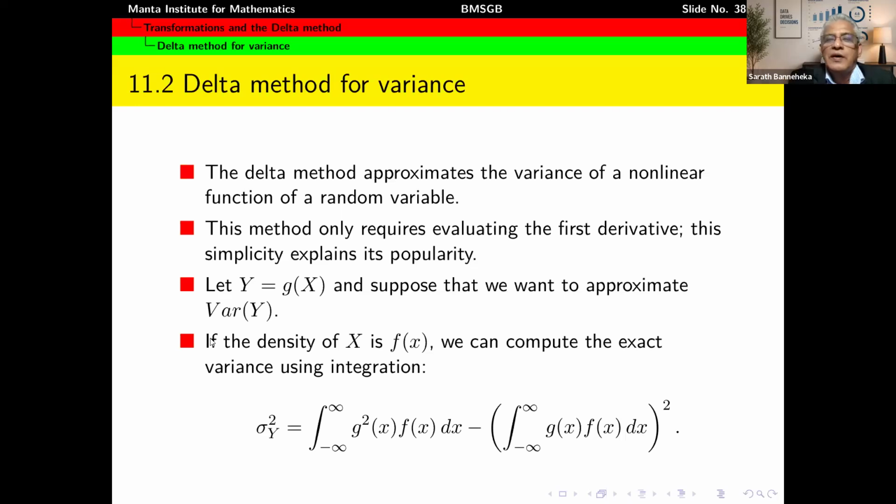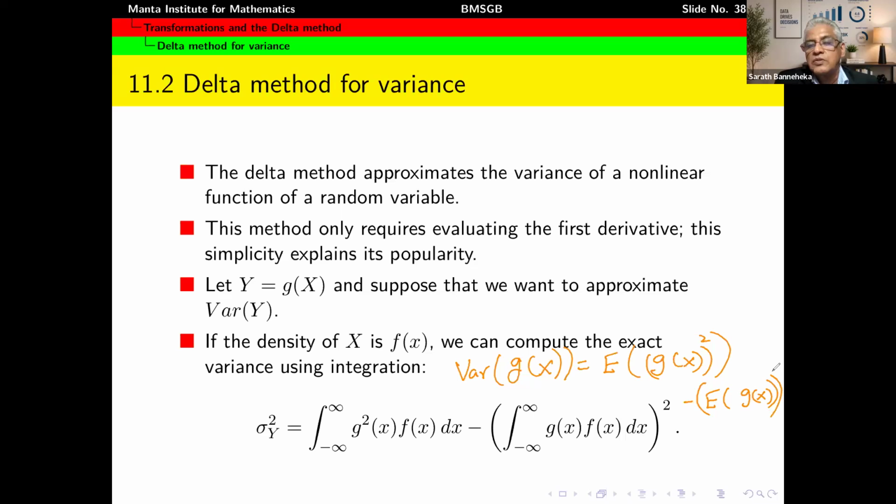So what will be the expression that you have to simplify if possible to get the variance? Let me write down one line here. We know that the variance of g(x) is equal to the expected value of g(x) whole thing squared, minus the expected value of g(x) whole thing squared.